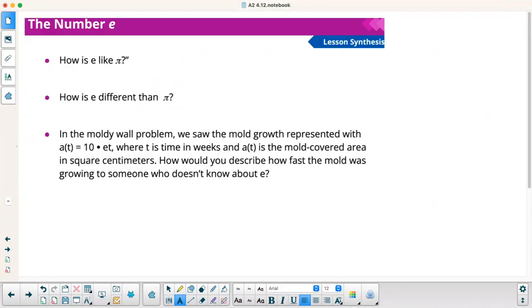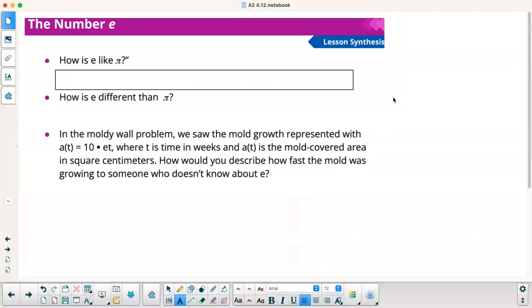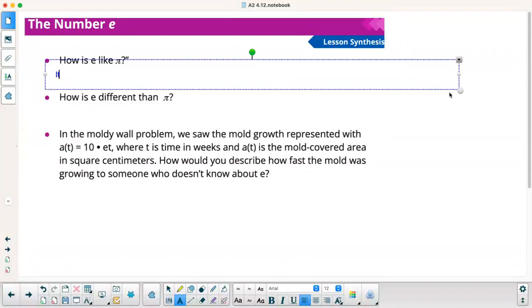All right, how is E like pi? It is an irrational number, which is a non-terminating, non-repeating decimal. I would say it comes from a formula, kind of like pi does.